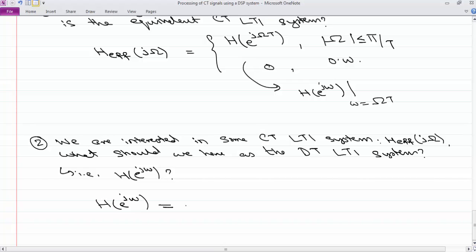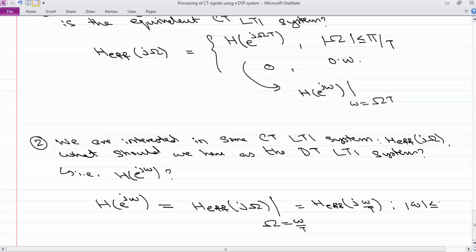So H of e to the j omega is H effective of j capital omega, but with capital omega replaced by little omega over T, or that is equal to H effective of j little omega over T. Now the caveat is that you only go up to pi.